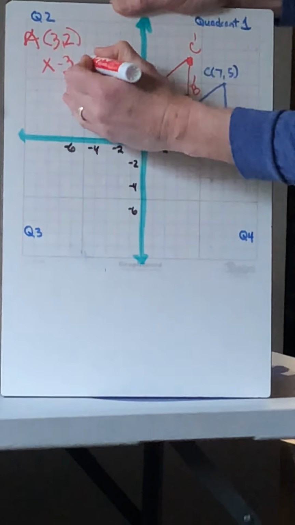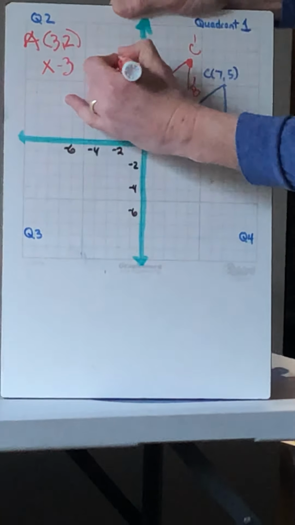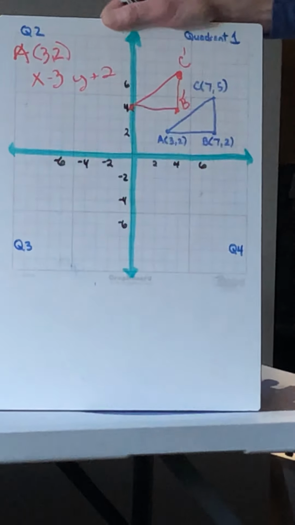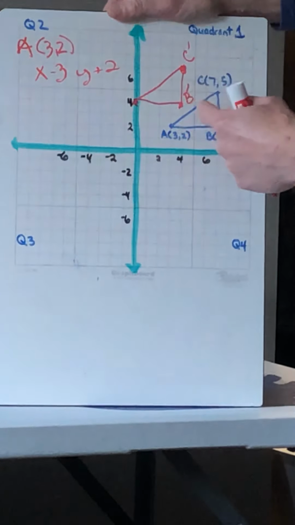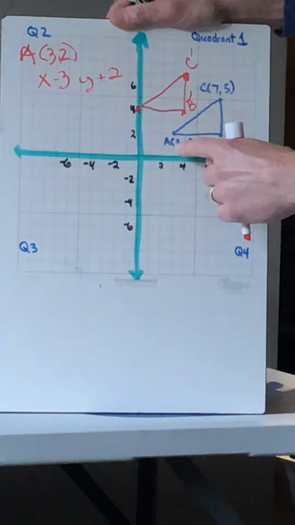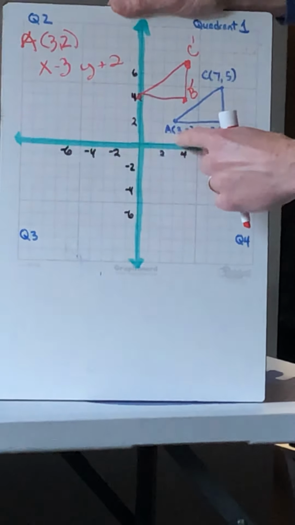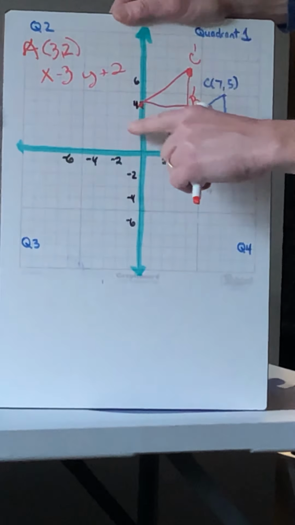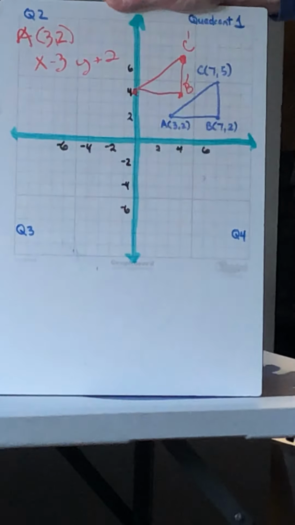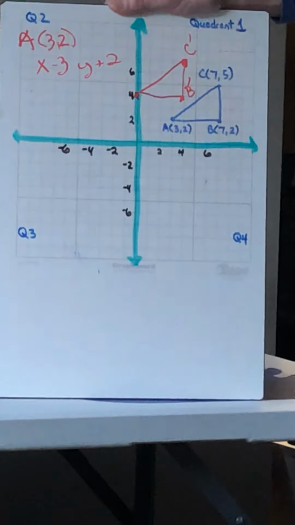To go up 2, that's a Y movement where you added 2. So you might see a test question like that that says, how did you get this shape when you started with this shape? And you got to look at that coordinate and say, well, they went up 2, so that means it went Y plus 2. And they moved it 3 to the left, so that means it's X minus 3. So you might have to figure out how they moved that shape.